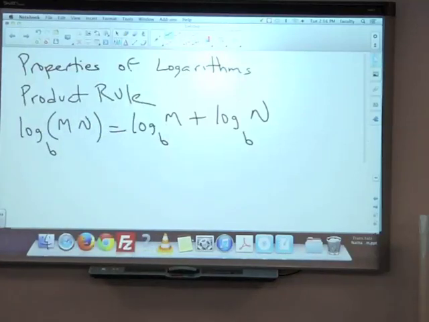That's the rule. Okay. Now, what does this mean in terms of how this works?